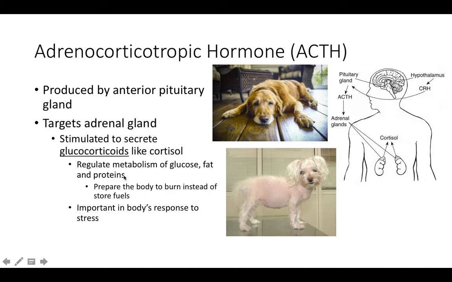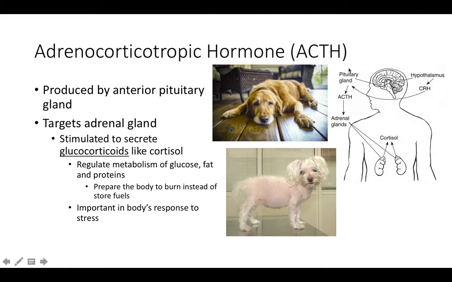Okay, and so what they do specifically is they prepare our body to start burning these fuels instead of storing them. And they're really important, again, in our body's response to stress. So this dog, let's just look at this here. The hypothalamus secretes some sort of stimulating hormone. In this case, it's CRH, okay, which I think is corticotropin releasing hormone.